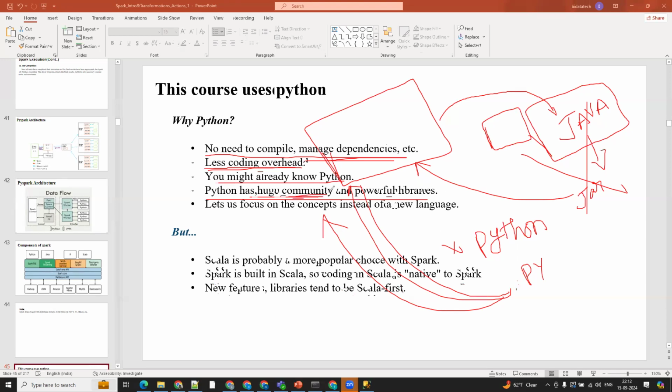That is the biggest advantage with the community. Python has a very good community compared to Scala. More programmers are there compared to Scala. So ultimately, the industry thought, why focus on a new language? Let's focus on the existing language only, that is Python, and let's use that.